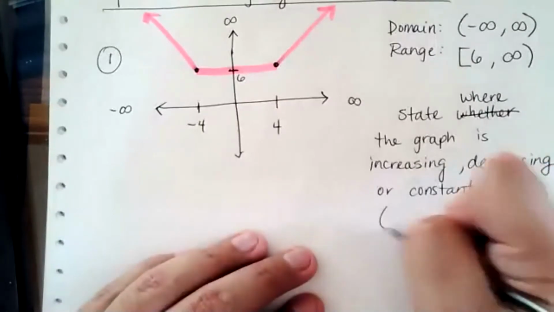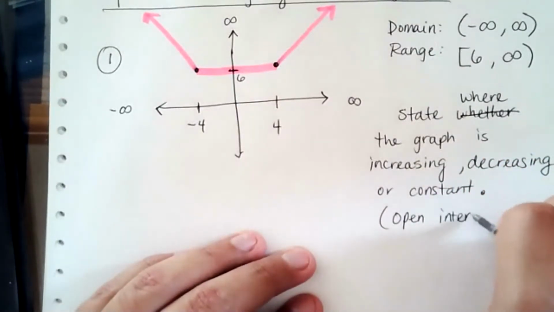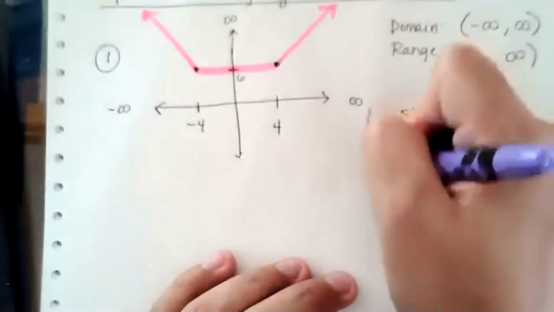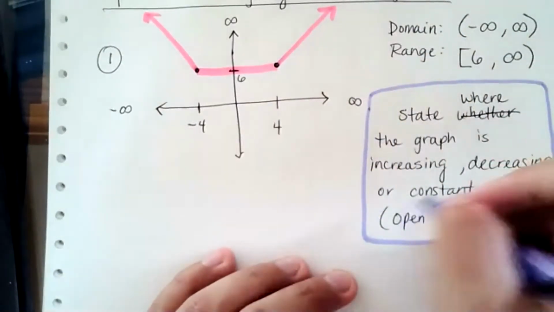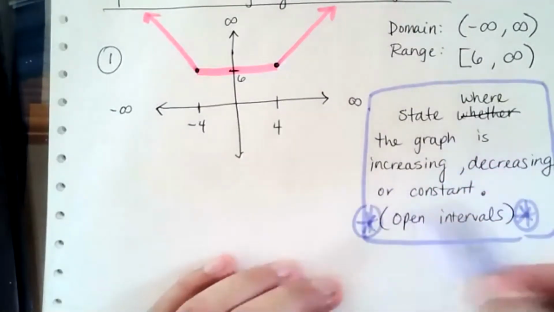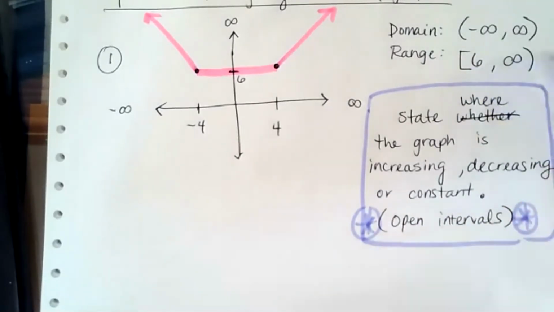And then it'll say something about state the open intervals. So when you're asked a question like this, this statement, open intervals, is key, because when we're talking about the behavior of the graph, we're going to use nothing but parentheses. You don't have to worry about the brackets.